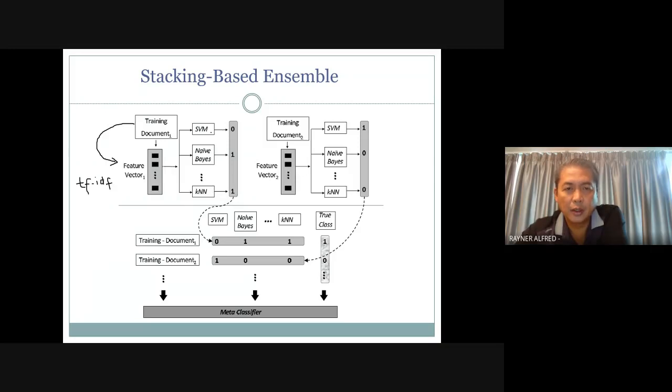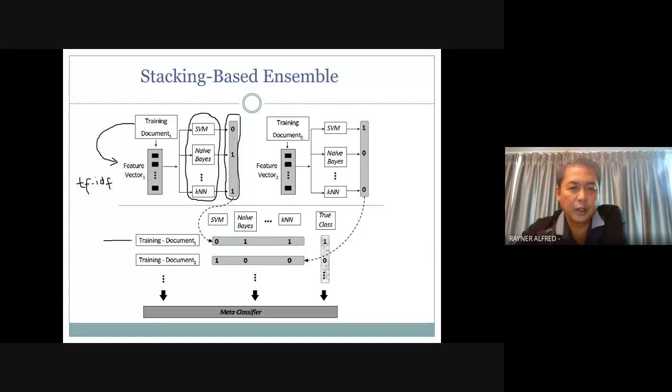And over here we have a few classifiers: support vector machine, naive Bayes, KNN, and many more. So these are the labels that we get from our classifiers.